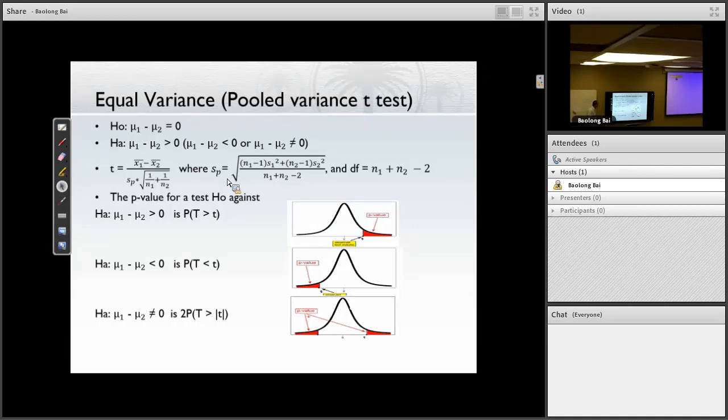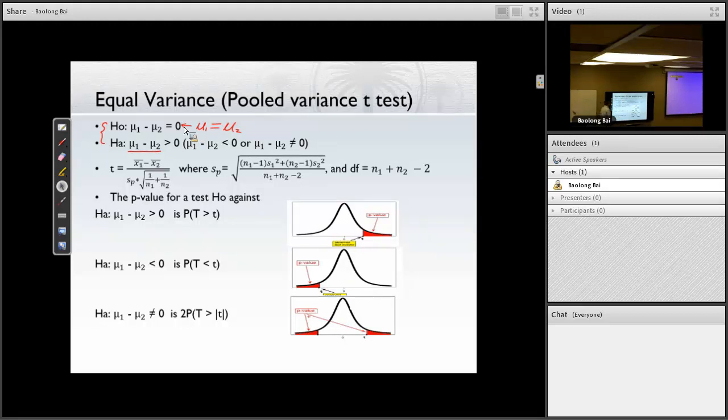Right? Okay. So for the pooled variance t-test, if you just look at step 1, stating hypothesis, the hypothesis will be either null hypothesis or alternative hypothesis. You're always comparing mu1 and mu2, right? Null hypothesis, basically mu1 is equal to mu2, but you can write it as mu1 minus mu2 equal to 0 as well.